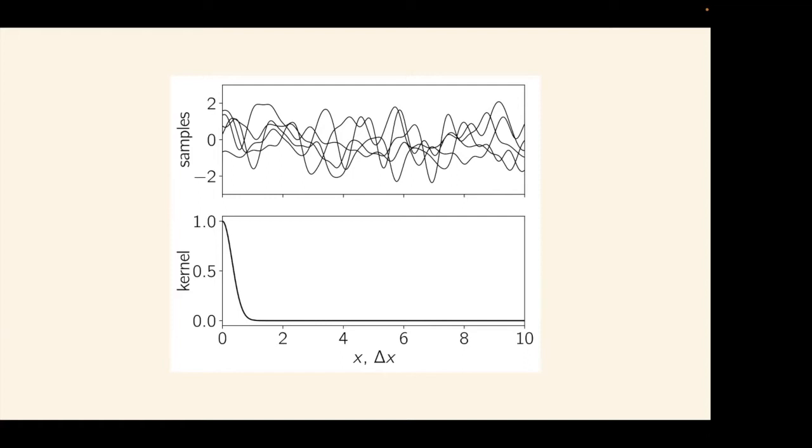Cool. Okay. So the last thing, I had one more thing I wanted to write on the board. What was it? Oh yeah. First of all, I've been talking about one-dimensional Gaussian processes because that's what I'm most familiar with.